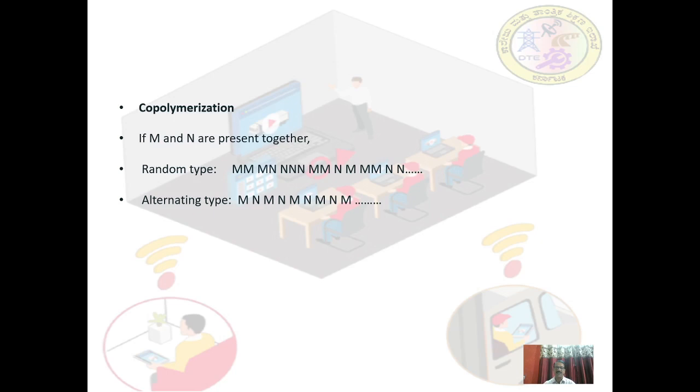You can see here in the random type polymer, the M and N monomers are randomly united and form a copolymer, whereas in alternate type reactions, the monomers are united alternately to get a polymer, that is polycondensation.